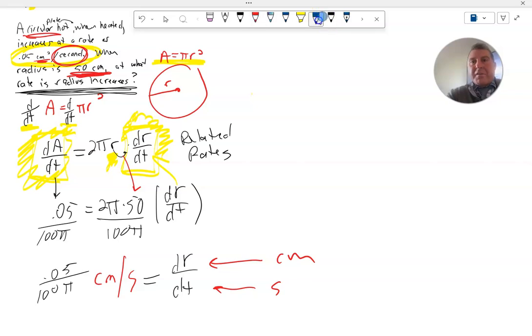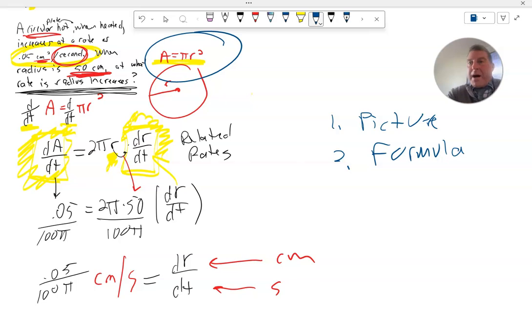The general process is I would come up with a picture or diagram. That's always helpful. Then I think what's helpful is to come up with a formula, and this is a static formula. Area is pi r squared. And that formula has to involve the variables that pertain to the problem.